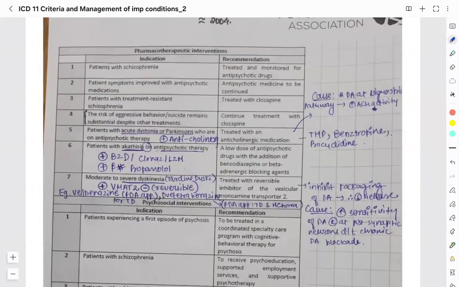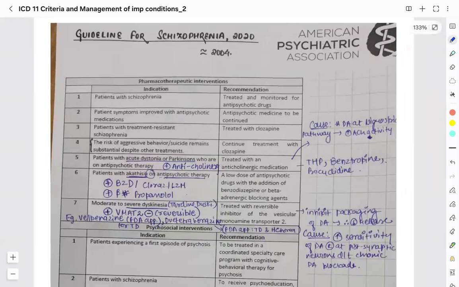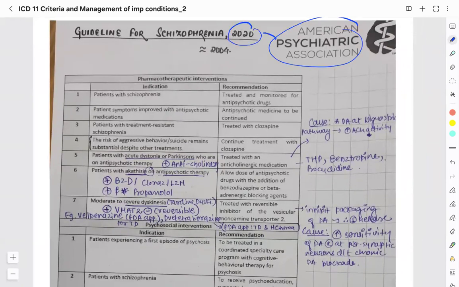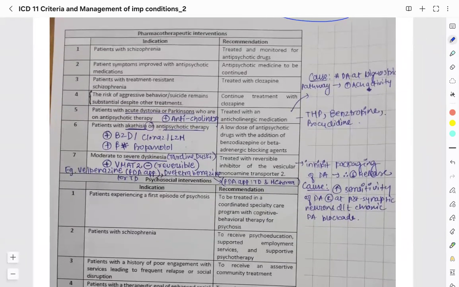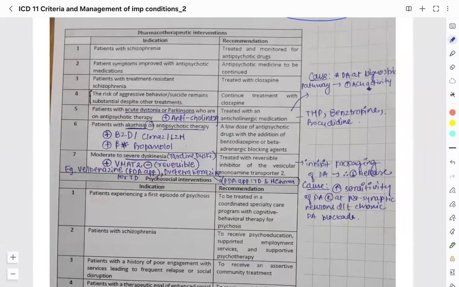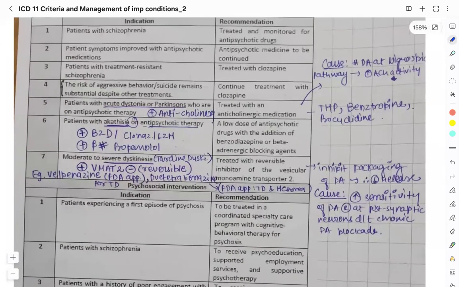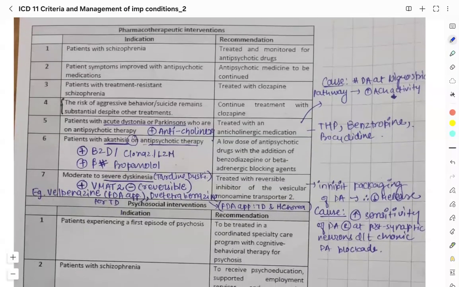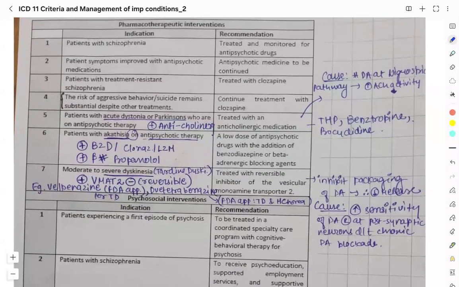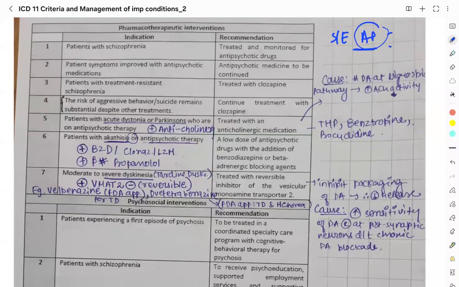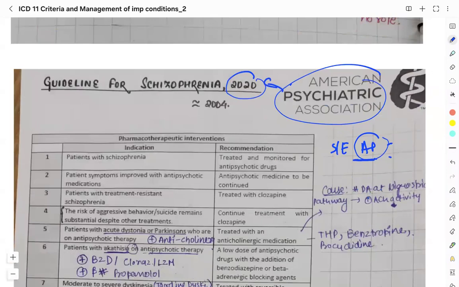Okay. This is from the American Psychiatric Association Guideline 2020. It may not be important, but I have taken this because there are a few things that they describe very well. For example, now we are considering the side effects of antipsychotic medications. I will ask first, and then we go into this one.